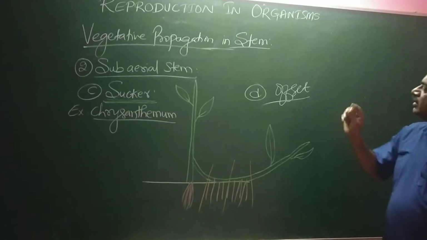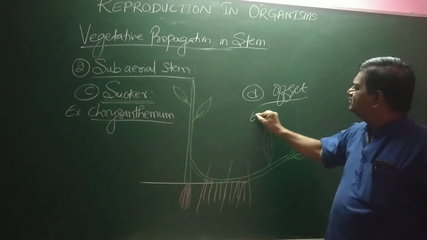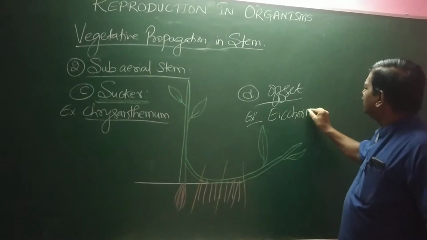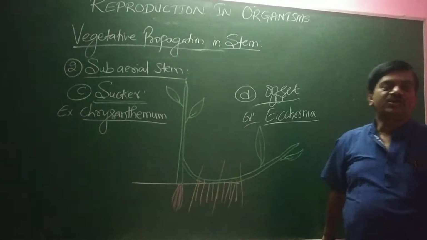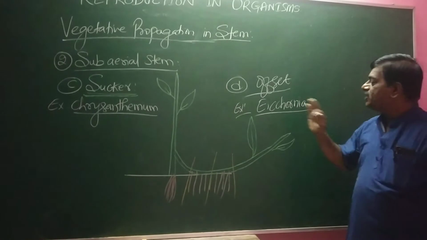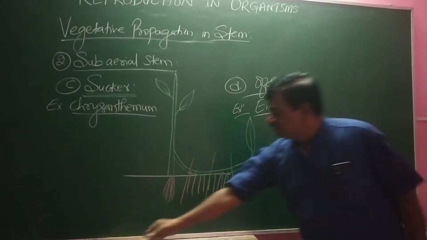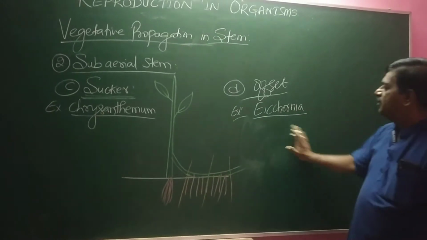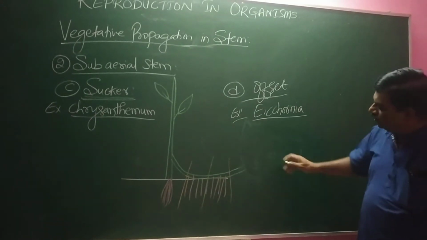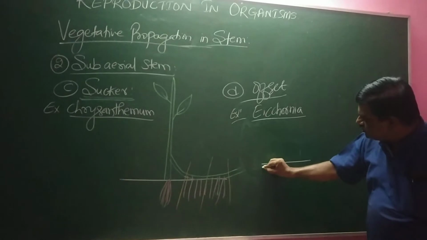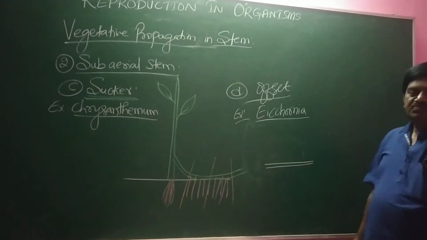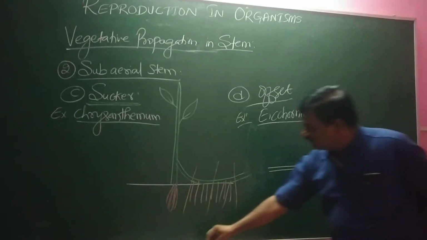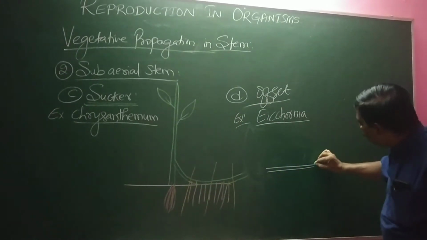Offset example is Eichhornia, the terror of Bengal. This plant is always present in the water, and we know that the stem is horizontal to the water surface, and there is a formation of whorls of leaves.